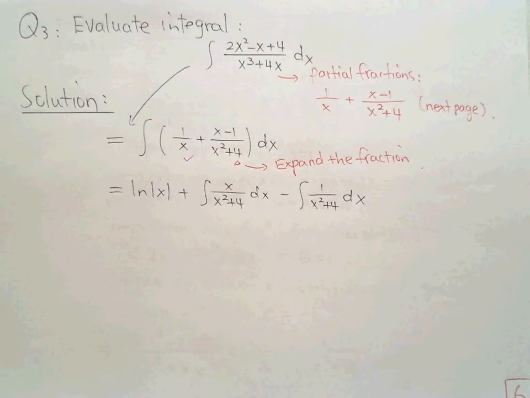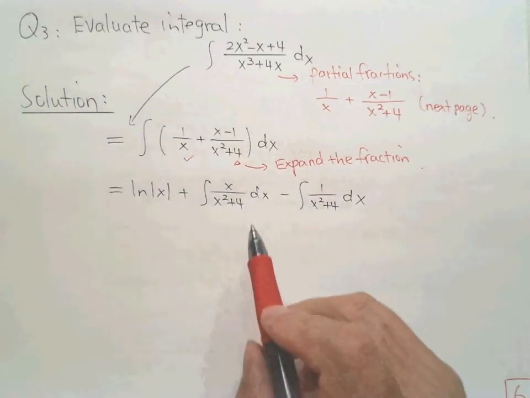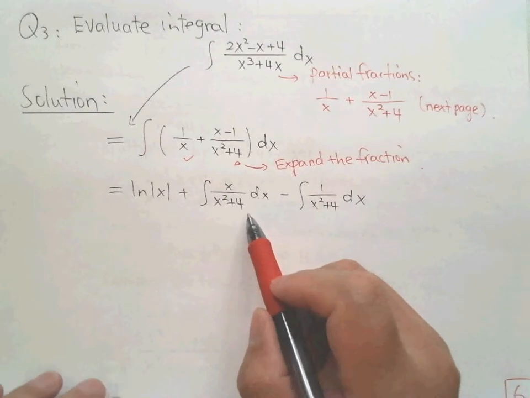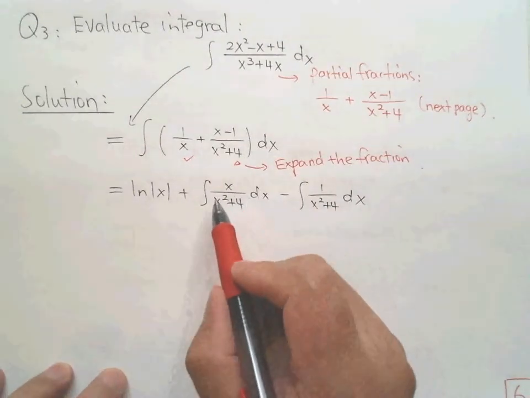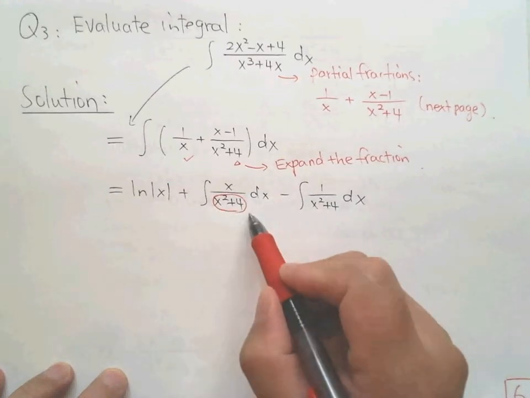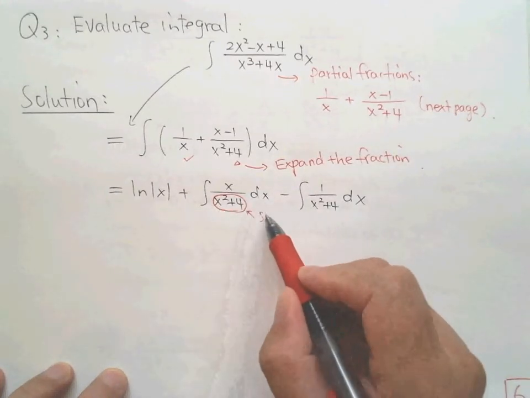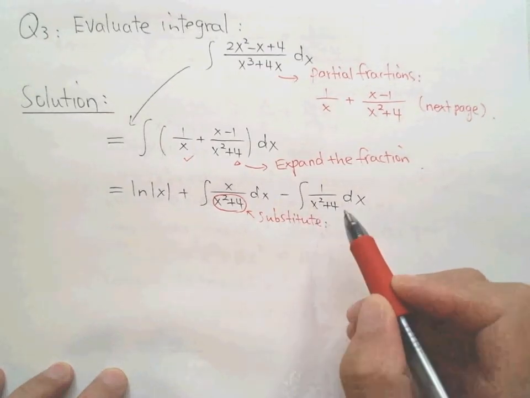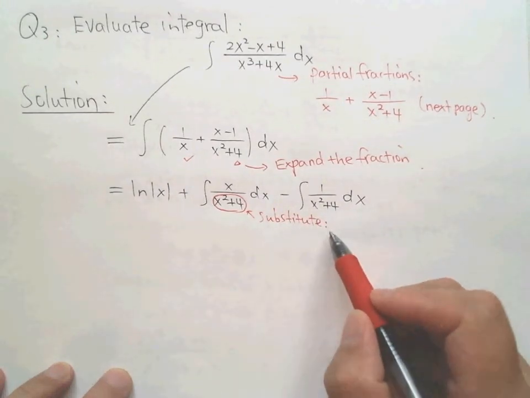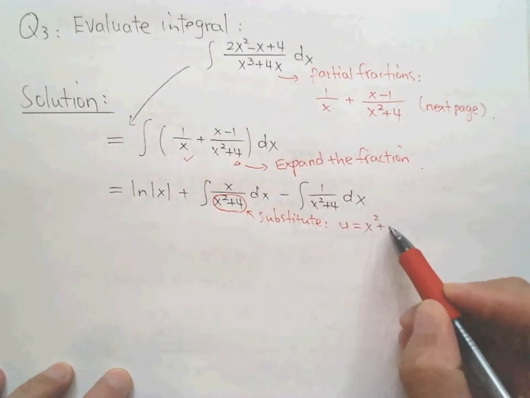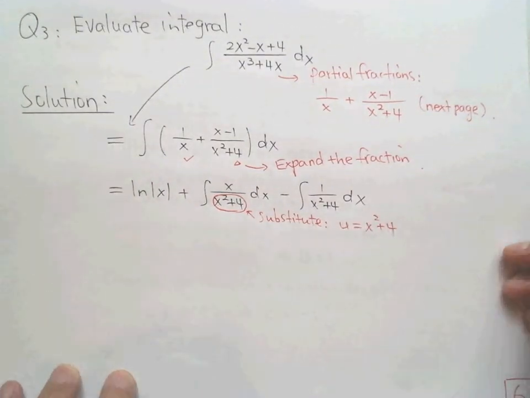Now we just imagine, is this easy to do? We did this before, right? If we do substitution for the bottom, u equals x squared plus 4.